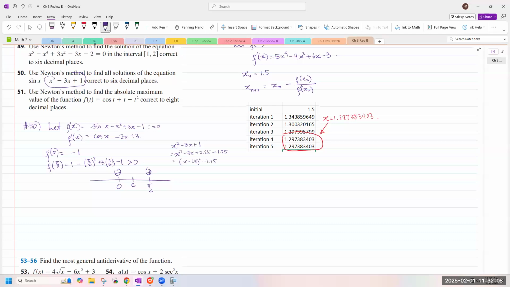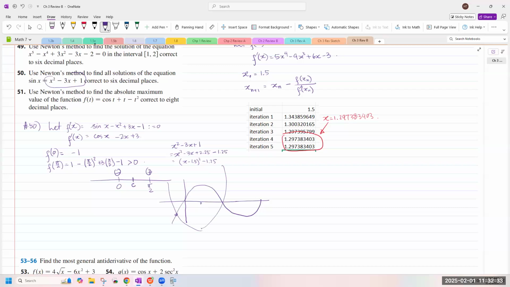Now the value of sine is at most 1, at least -1. So this is the sine graph, and 1.5 is approximately here, and the minimum is -1.25, so it opens up like this. So there should be another solution on the negative side, huh?